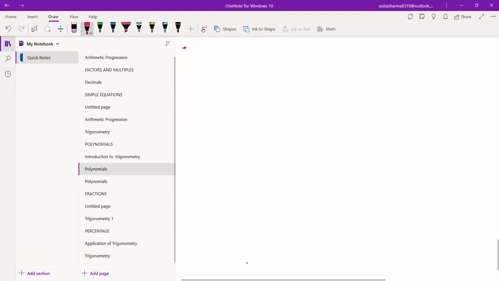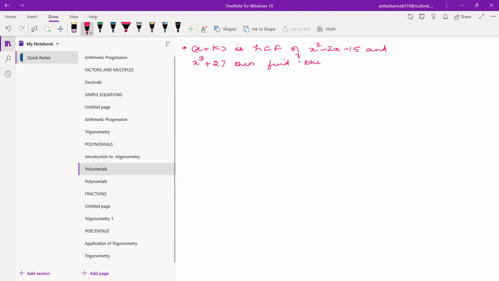If x plus k is the highest common factor, HCF, of x square minus 2x minus 15 and x cube plus 27, then find the value of k.